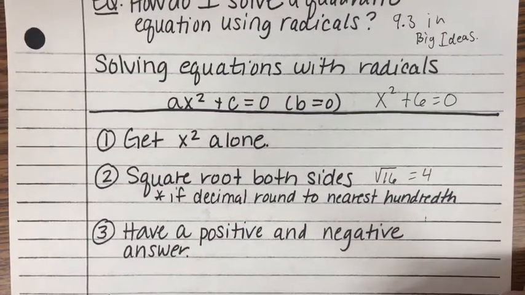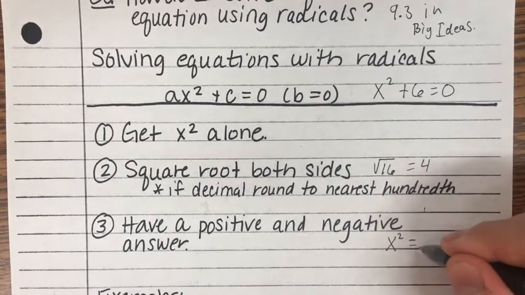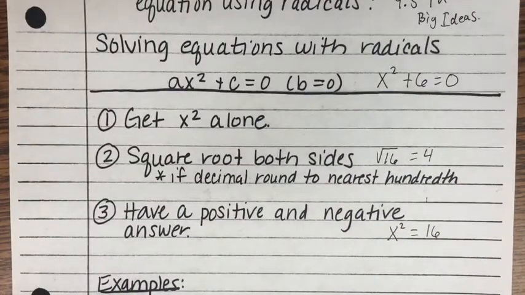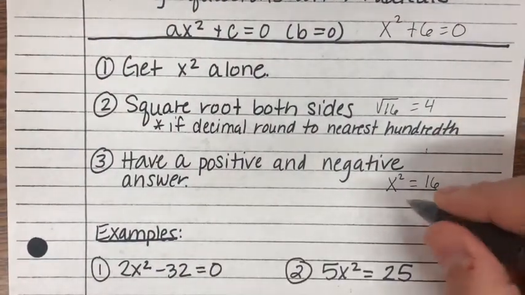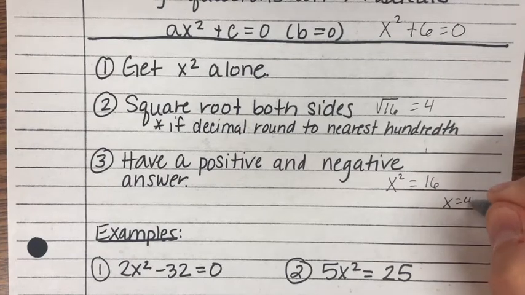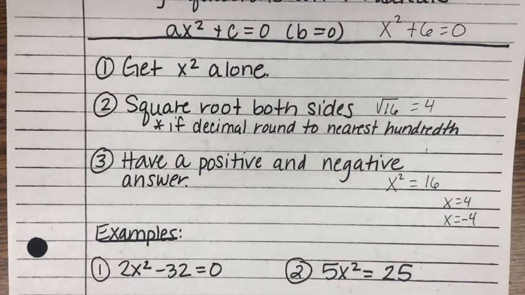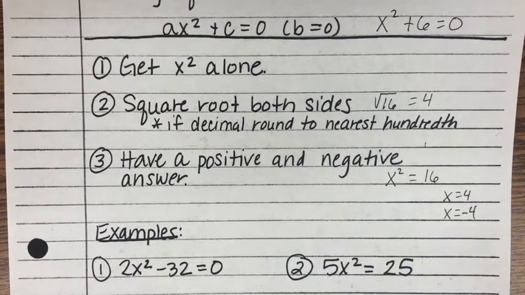However, when we're solving an equation, if it says x squared equals 16, there's actually two solutions to this, because there's two numbers times itself that are equal to 16. One of them is 4, because 4 times 4 is 16, and the other one is negative 4, because negative times a negative is a positive, so negative 4 times negative 4 is also equal to positive 16.